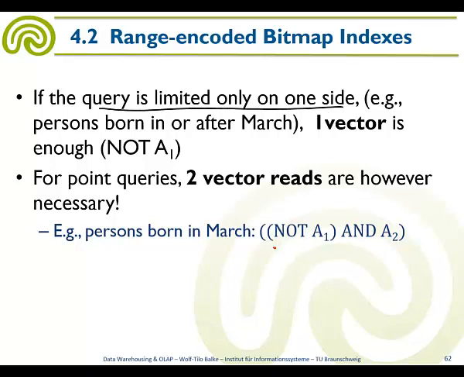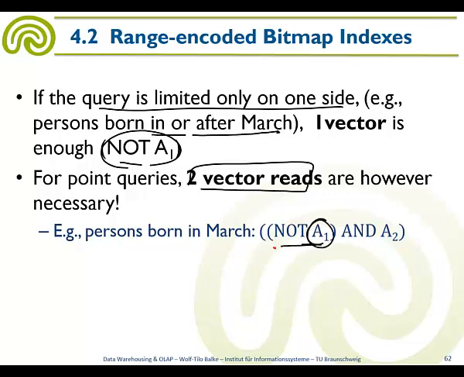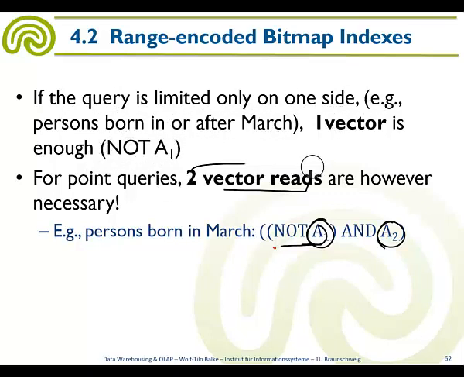If the query is limited only to one side, so everyone who's born after March, you just need to look at all the people who were not born in February, and that's it. If it's limited on both sides like between March and August, then you have to look at those who were not born in February but were born in August. You just take the 2 bitmap vectors and do the logical operation.